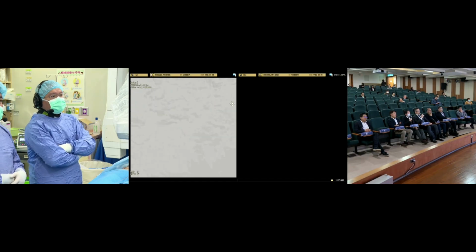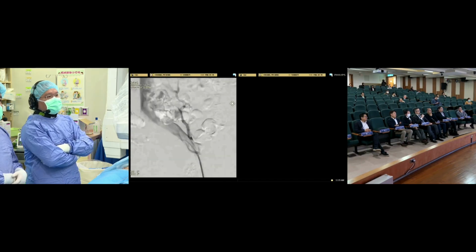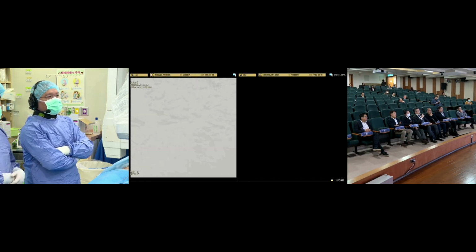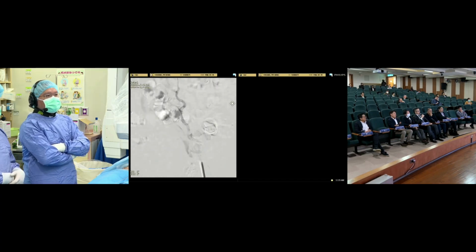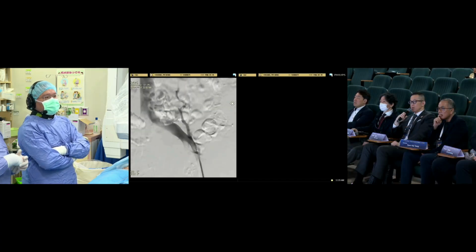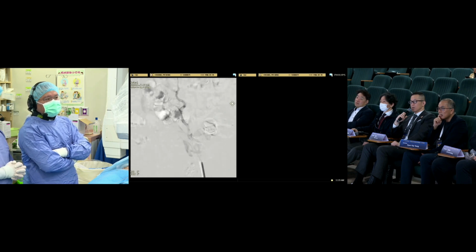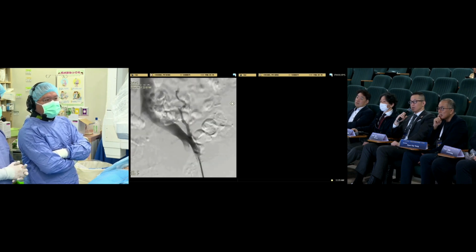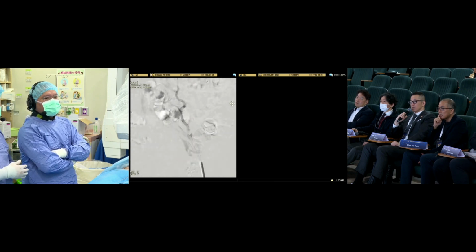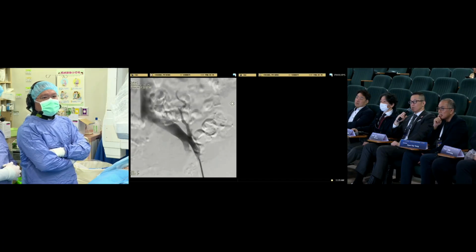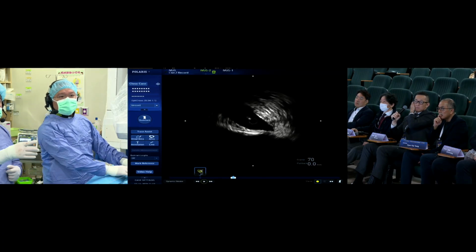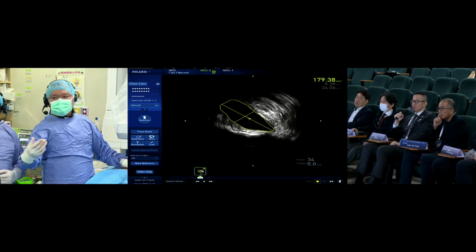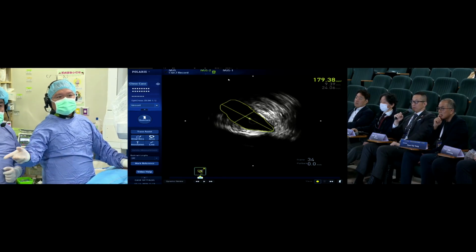The first shot, Dr. Yan and I were also shocked with this image because it looks very good. Nothing happened, just some collaterals. But now we can see the IVUS. We switch to IVUS. We can play the real-time IVUS.